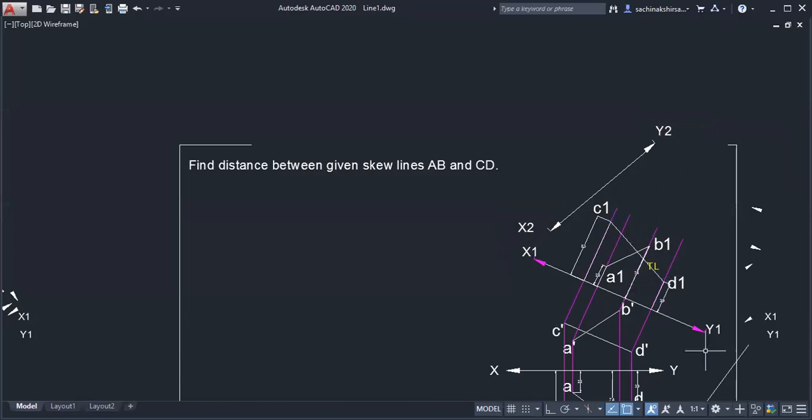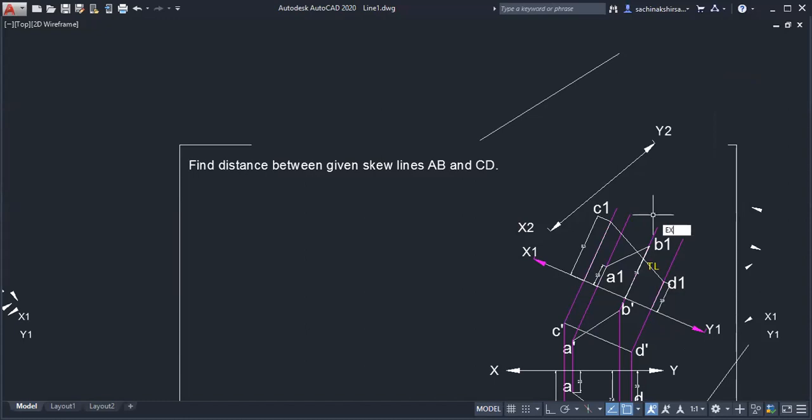Now the reference line we have drawn. So what is our next step? Projectors. We have to draw projectors, maybe up to this. How many projector lines will come right now in this view?